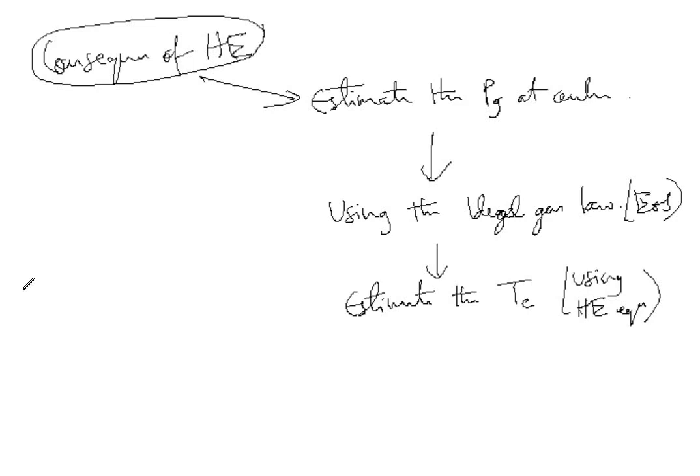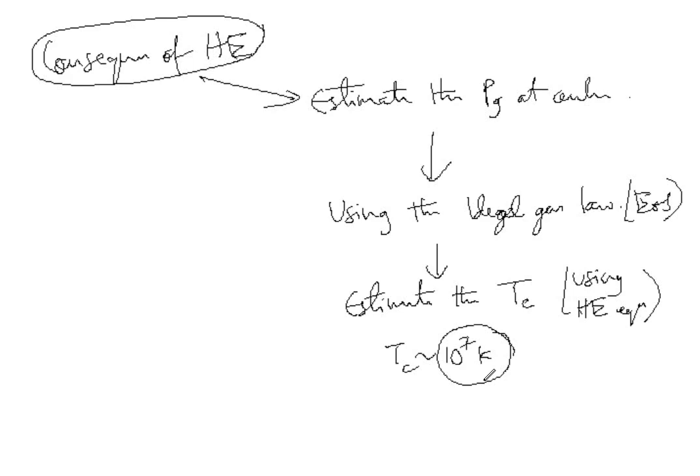Now, the result was that upon doing the estimation, we found that the central temperature can reach values of the order of 10 to the power 7 Kelvin. What does this mean? This value itself means that if the central temperature is so very high, then nuclear reaction will be possible.